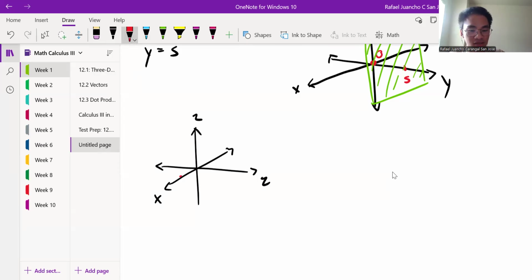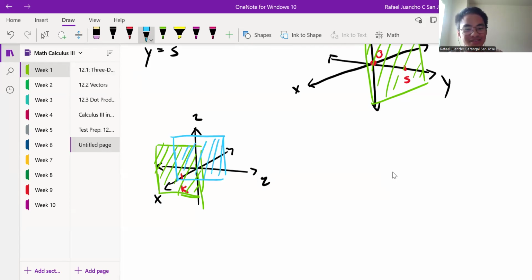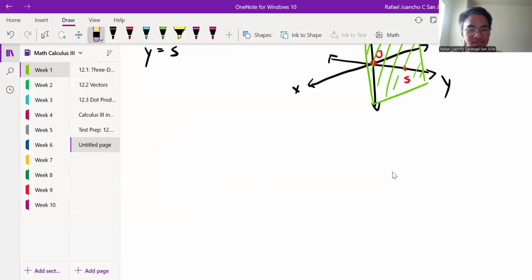Let's say x is some k. This is a plane of x equals k. This is parallel, meaning it never touches the yz plane. What's the yz plane? Well, the one behind. And these two never touch. So these are parallel planes.